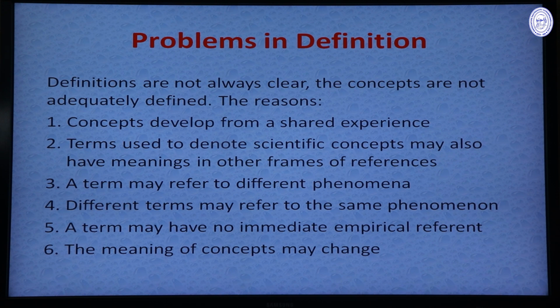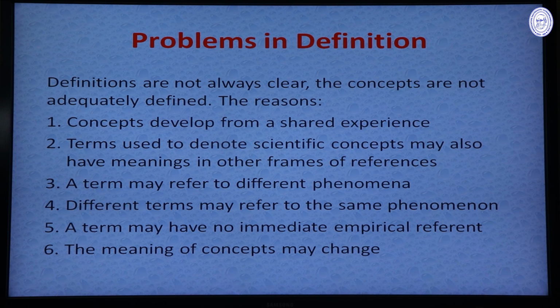Now what are the reasons for this inadequacy in definition, or the problems of definition? Look, concepts develop from a shared experience. I will take all this up one by one. So concepts basically develop from a shared experience, and this is a source of problems in definition. Now the terms used to denote scientific concepts may also have meanings in other frames of references.